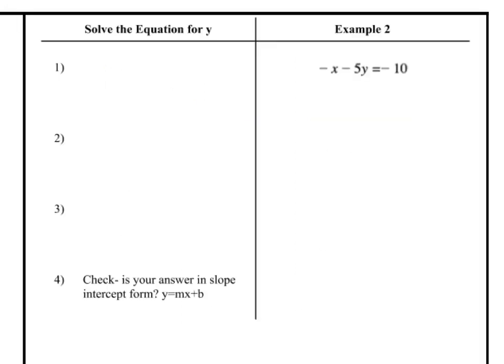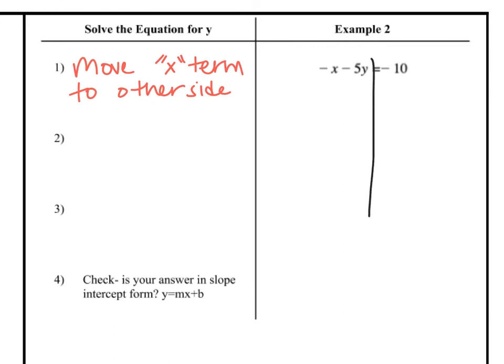We are following the same exact process for the second one. So again, the first thing I want you to do is move the x term to the other side. Right now, we have a negative 1x.